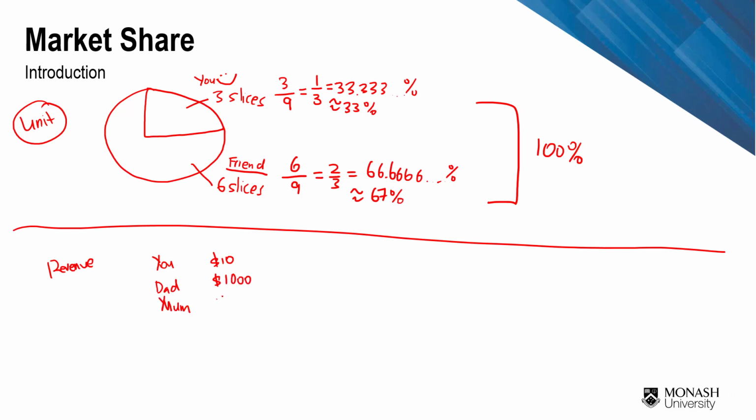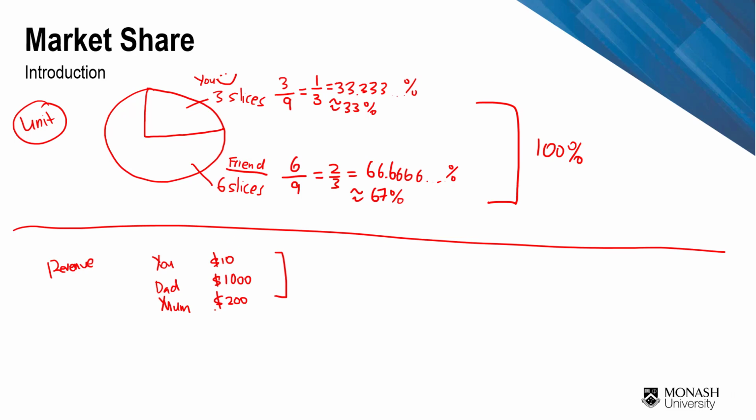Let's say your mom is bringing $200 a day. So you can convert this into market share technically on how much money you actually bring into the family, how much dad is bringing to the family, and how much mom is bringing to the family.